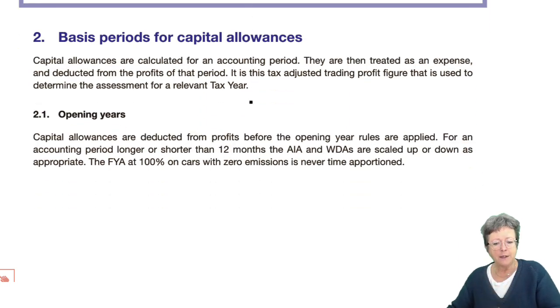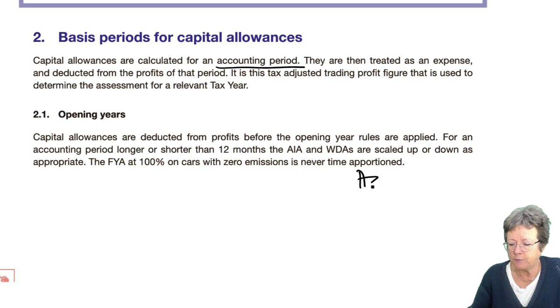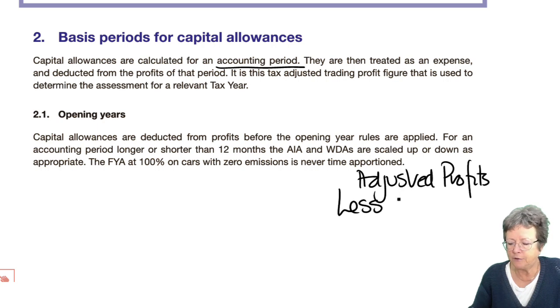Now, capital allowances. This is a bit of a recap here. They are always calculated for an accounting period, and they're deducted. So you have adjusted profits, which we did in a previous chapter, less capital allowances, which gives you your profits.